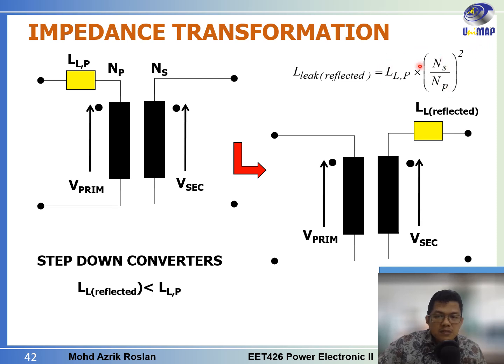So this is 9 times smaller than the original leakage inductance. In general, for a step down converter, when we reflect the value to the secondary side, the value will be much smaller than the original LP at the primary side.